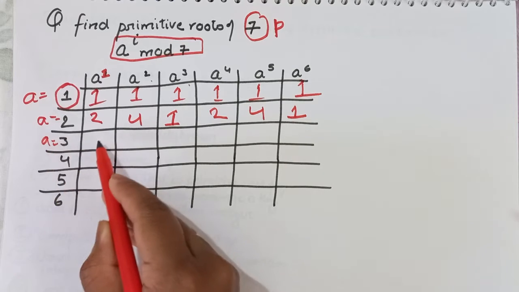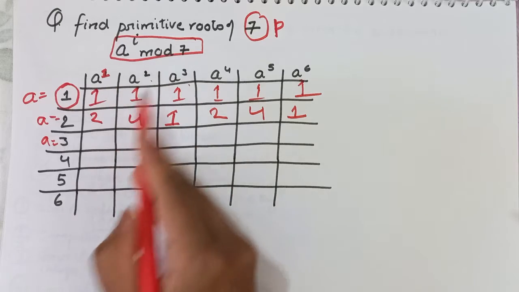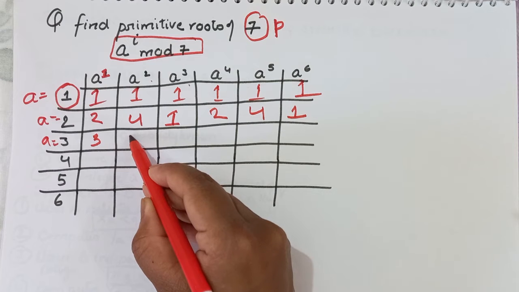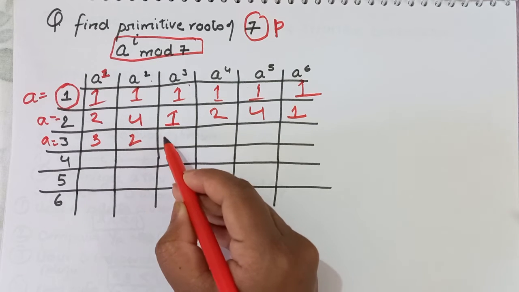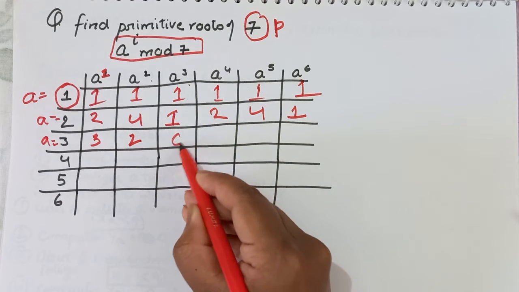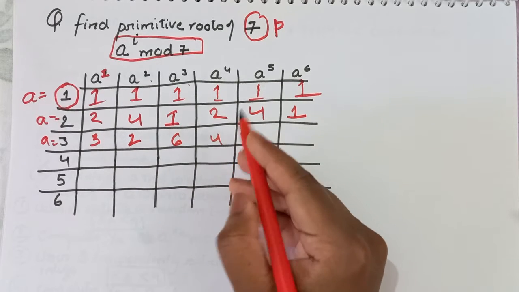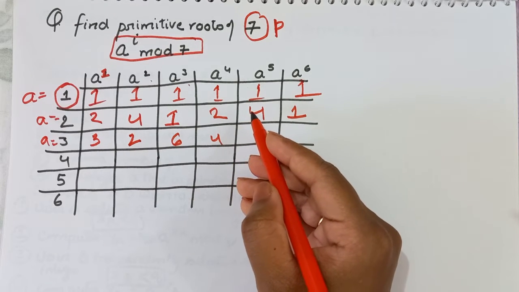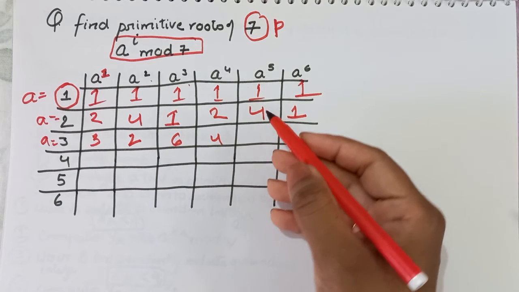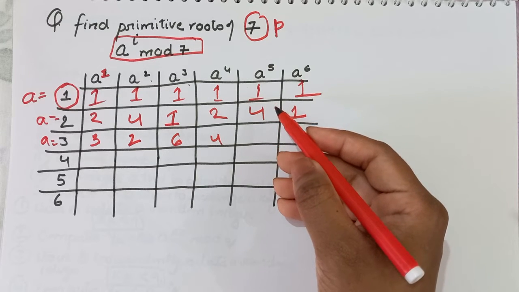Coming to a equal to 3. Similarly, when you calculate for a equal to 3, 3 to the power 1 mod 7 gives me 3. 3 to the power 2 mod 7 gives me 2. 3 to the power 3 mod 7 gives me 6. 3 to the power 4 mod 7 gives me 4. 3 to the power 5 mod 7, keep calculating using a calculator, or use modular exponentiation, which I told you in my lecture 3.